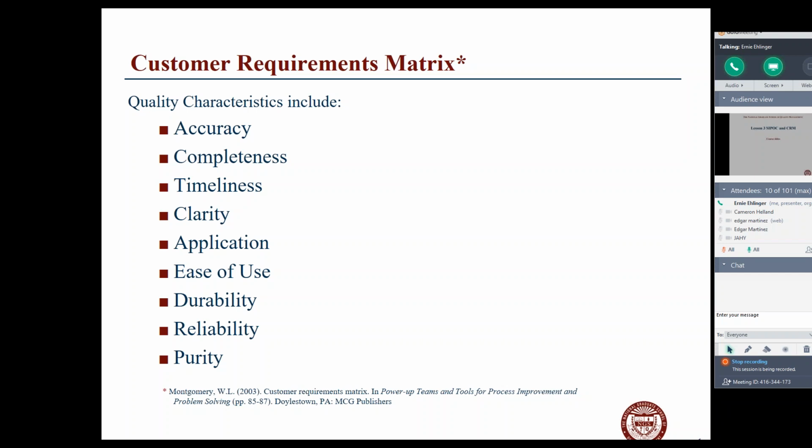If you think about for what reason the organization was established, you start to see that the reason they exist is to serve some customer requirement.